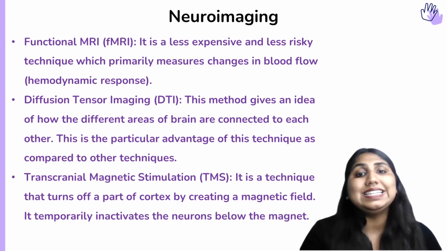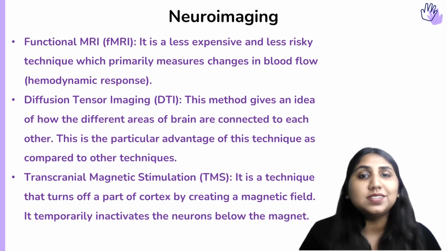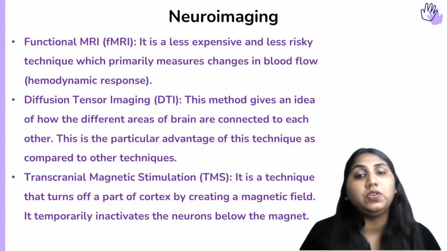Okay. Next is DTI. This is a method which identifies the pathways along which water diffuses, called diffusion tensor imaging. Now, you might be wondering, this is a weird technique, right? What happens here is that in our body, water diffuses in the tracts, which are bundles of axons.